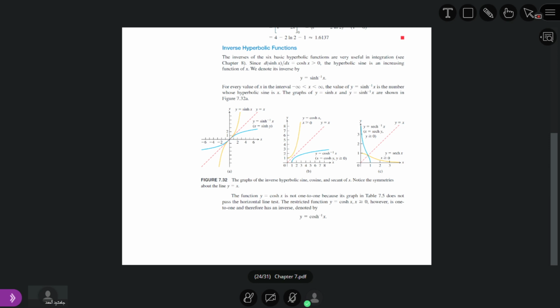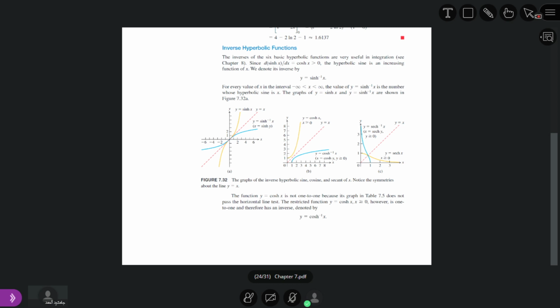Now what is the value of cosine hyperbolic y? It is equal to e power y plus e power minus y divided by 2, which is equal to x.